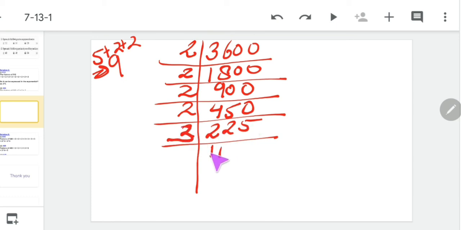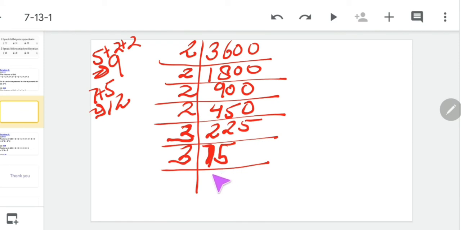So first 7 gives 3 multiplying with 7 gives 21. Then it will become 15. So 5. Now we have 7 plus 5. So their sum is 12. Again could be divisible by 3. So it will be 2 and 5. Now it could not be divisible by 3. So we have to divide it with 5. So 5 and again 5.